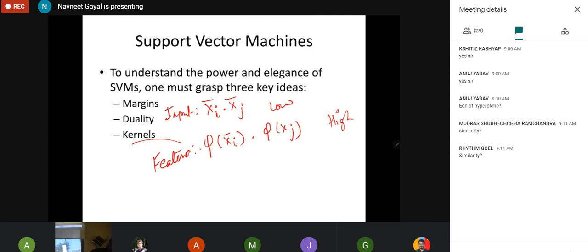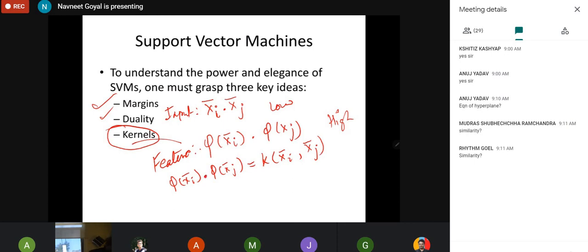So what we do is, like I've already introduced margins and duality, now I'm going to talk about kernels. There are some special kinds of functions that we can use. And there is a kernel trick which tells you that phi xi dot phi xj is equal to k of xi, xj.